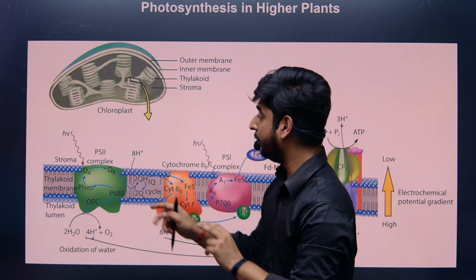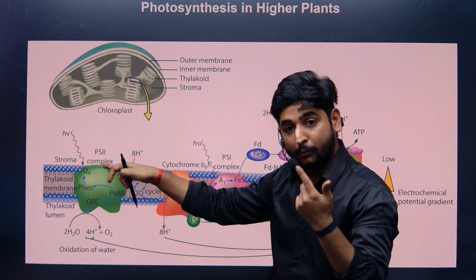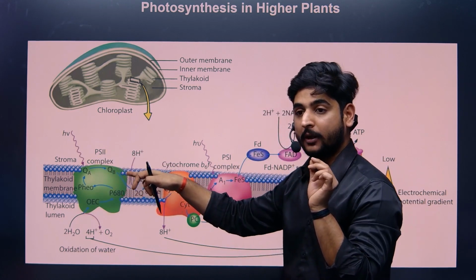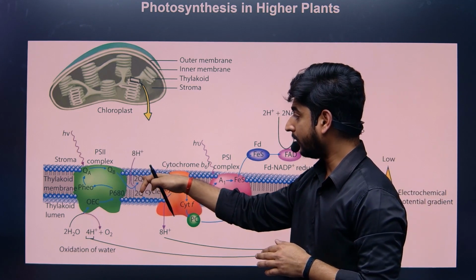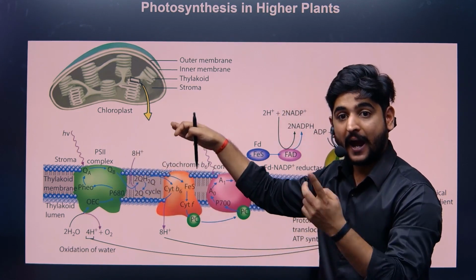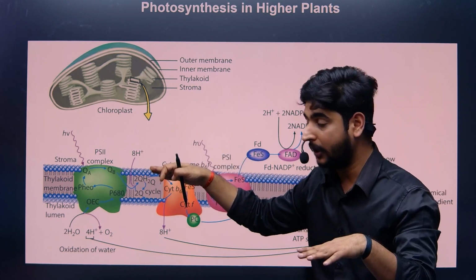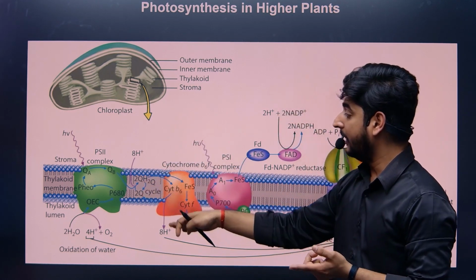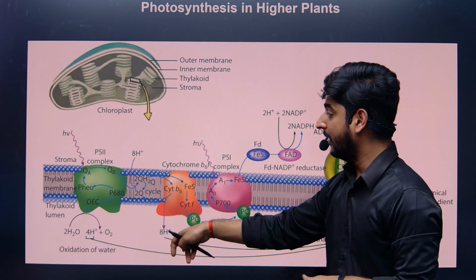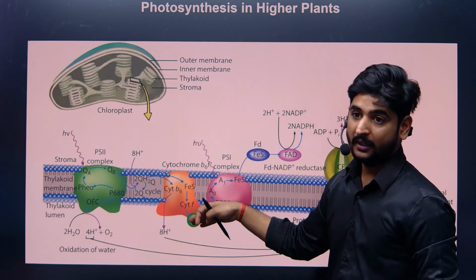In the second step, when pheophytin transfers the electron to plastoquinone, plastoquinone will accept protons from the stroma and convert into plastoquinol, and plastoquinol will then transfer the electrons to cytochrome B6F, but at the same time will throw the protons inside the thylakoid.